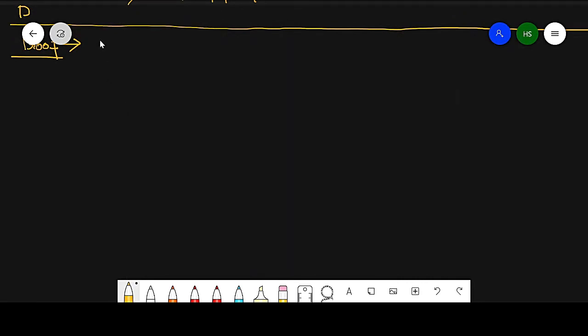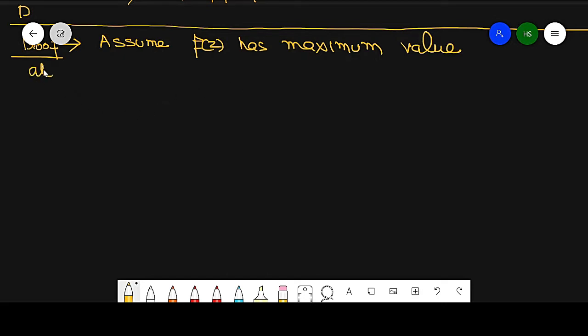Now assume f of z has a maximum value at some point z naught in D. So suppose it has a maximum value at z naught in D. What does it mean?